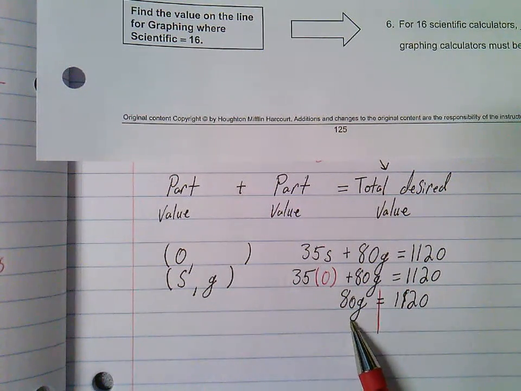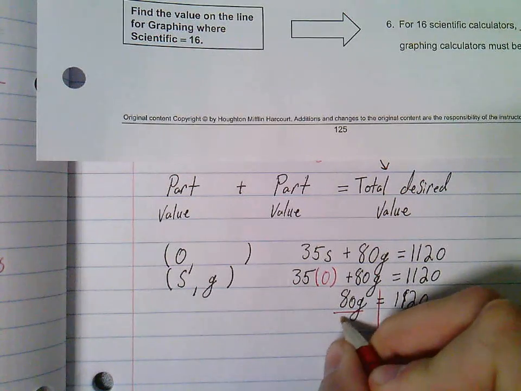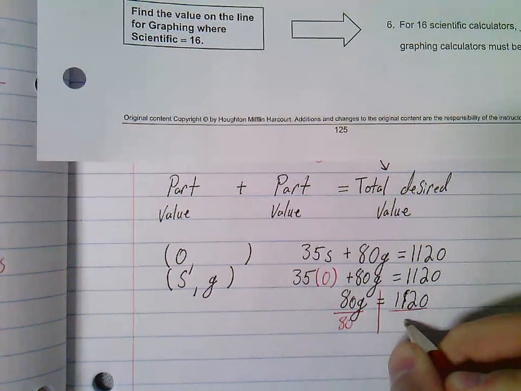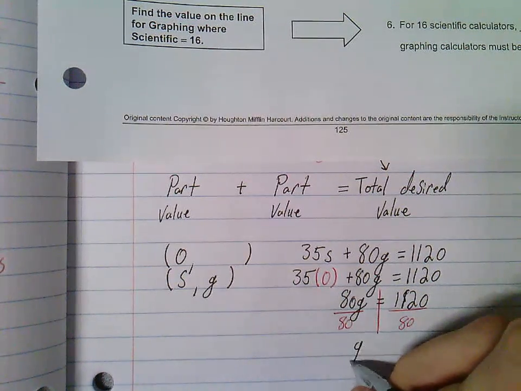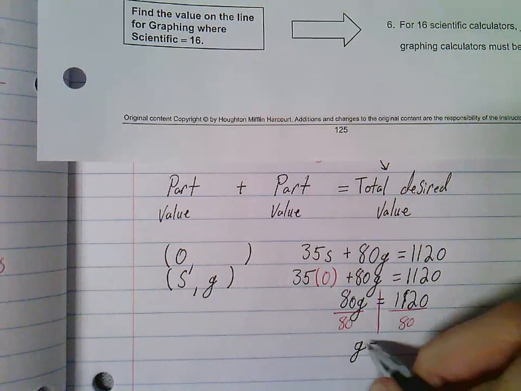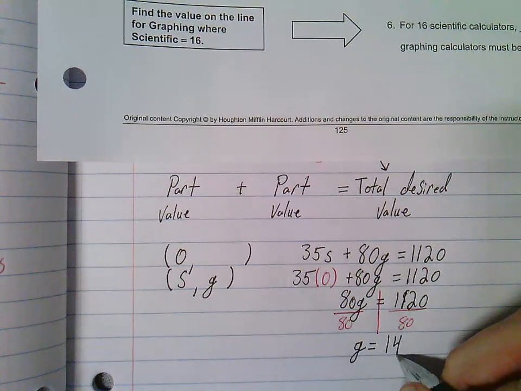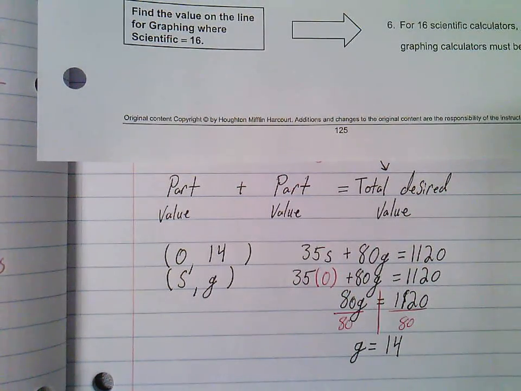I want to get rid of this 80. How do I remove this 80? Good, thank you, Antonio. I'm going to divide by 80. It gives me G, and I did this in the calculator, so I'm going to cheat and say that G is 14. So my point here is 0, 14.